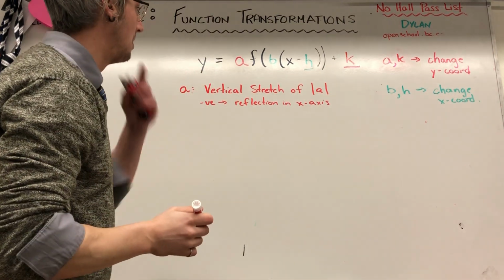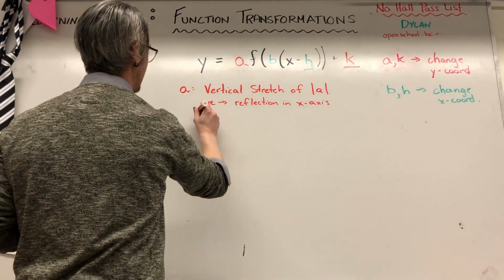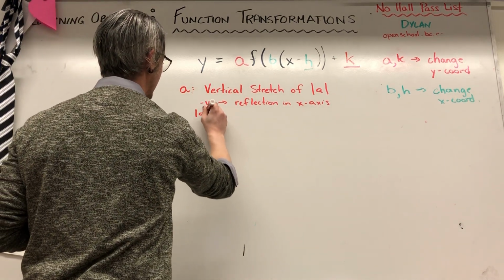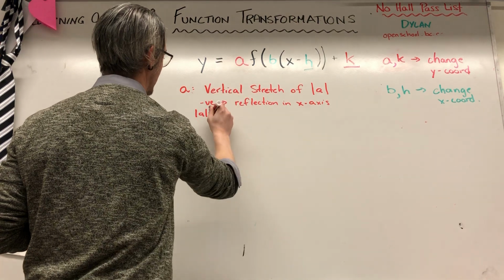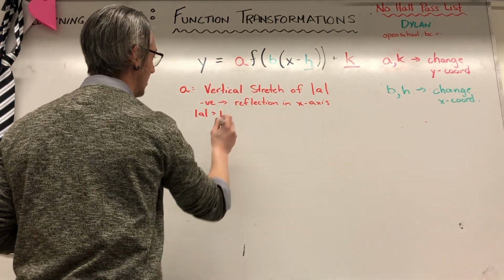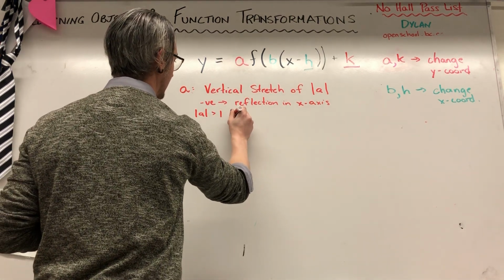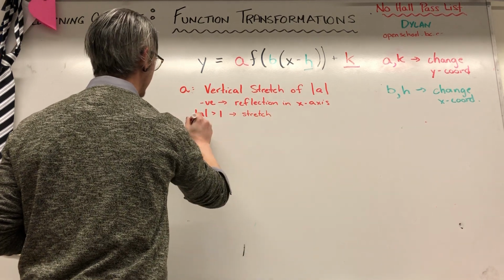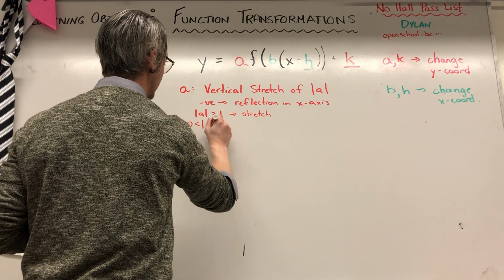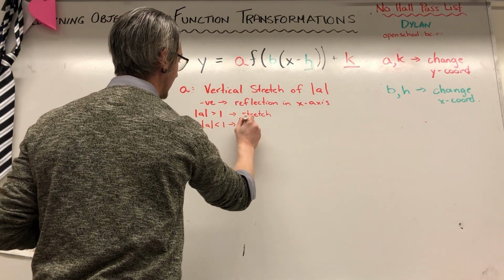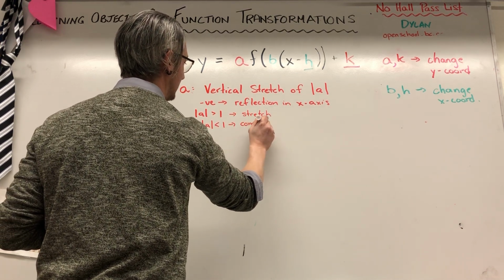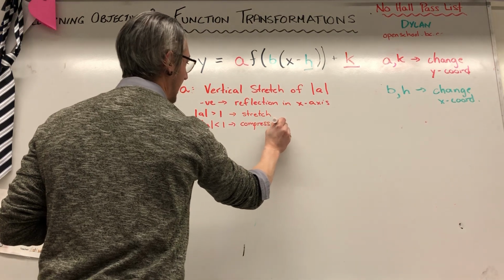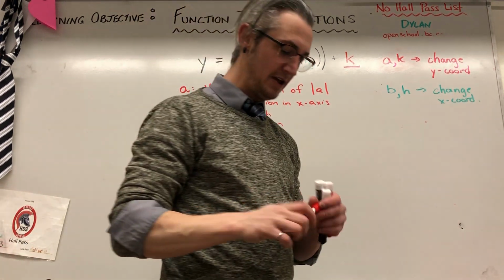When the absolute value of A, doesn't matter if it's negative or positive, is greater than 1, we get a stretch, and when the absolute value of A is a fraction, we get a compression along the y-axis.